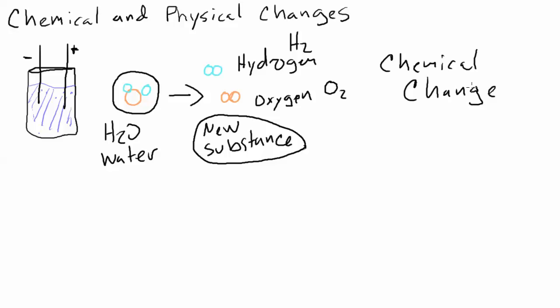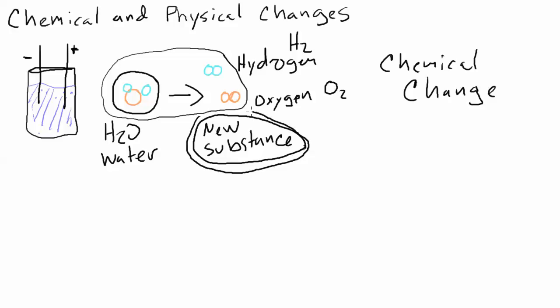So that's the key that you're always going to be thinking about, whether you're looking at a picture of molecules or whether you're just thinking about an example. You always have to ask yourself, is this change creating one or more new substances? And if the answer is yes, then that change is a chemical change.